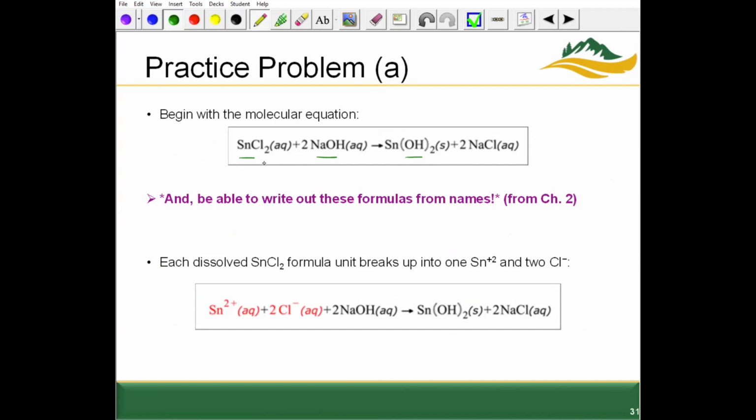Now we are starting with this, so the first step we need to take is to write these out into their respective ions. Again, I'm highlighting here how important it is to be able to write out names from formulas and vice versa. Some more review from chapter 2.